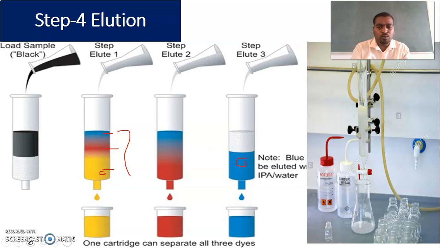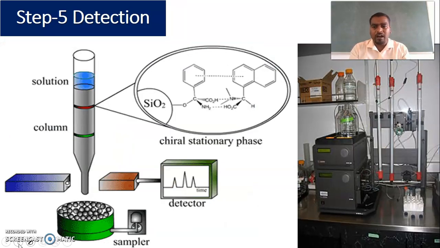So this is elution. After completing the elution, we ensure whether the separated components are pure or not. This can be ensured by passing the eluted components into a detector.